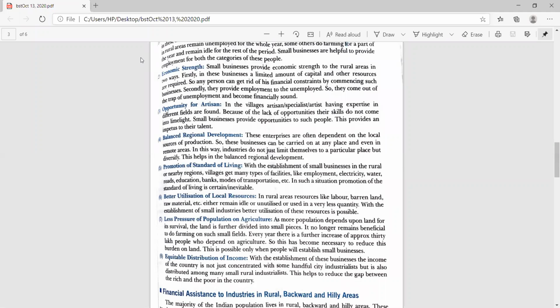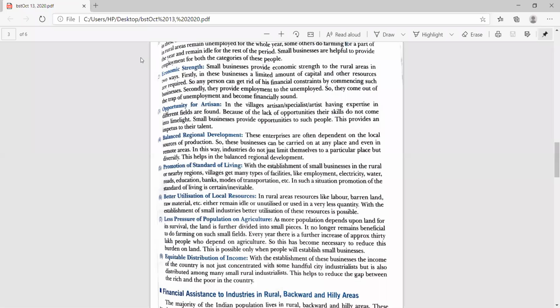Seventh, less pressure of population on agriculture. As more population depends upon the land for its survival and the land is further divided into small pieces, it no longer remains beneficial to do farming on small fields. Every year there is a further increase of approximately 30 lakh people who depend on agriculture.